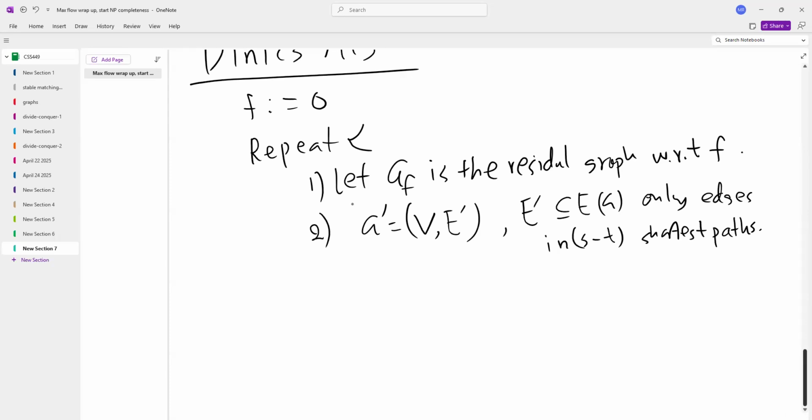What we're going to do is that from s to t we have a lot of paths, right? But for every such path, we are only going to keep the shortest hop paths.